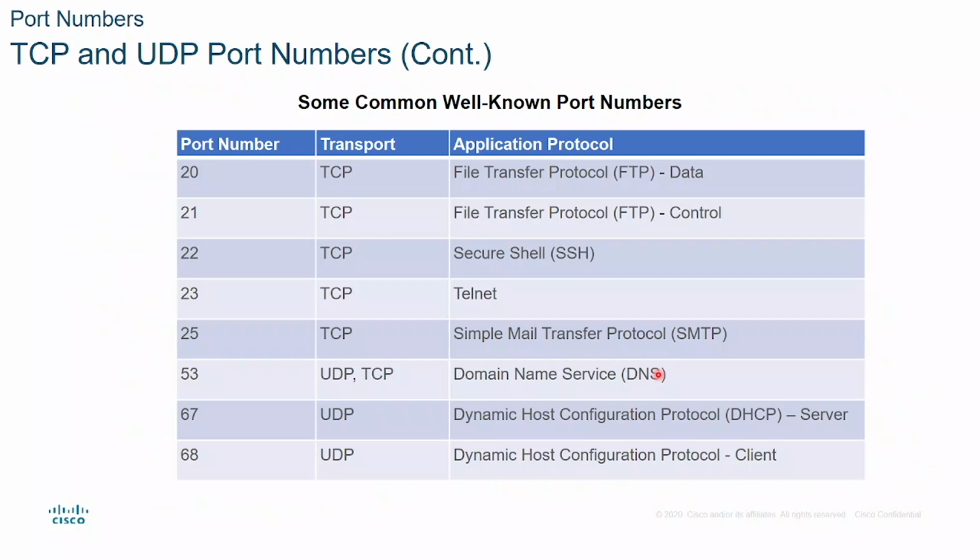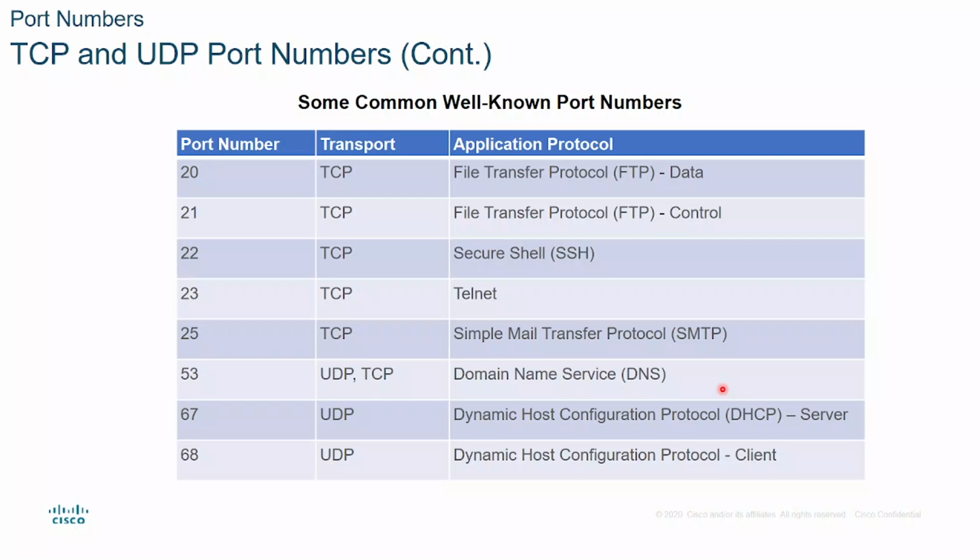These are some common well-known ports. You can see port 20 for FTP, port 21 also for FTP control, port 22 for secure shell SSH, port 23 for Telnet, port 25 for Simple Mail Transfer Protocol, port 53 for Domain Name Services.